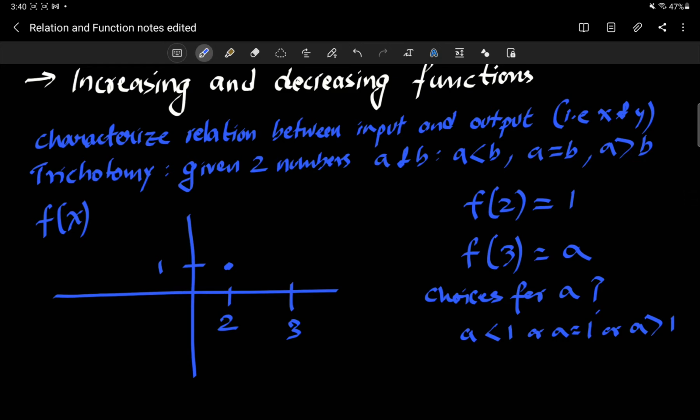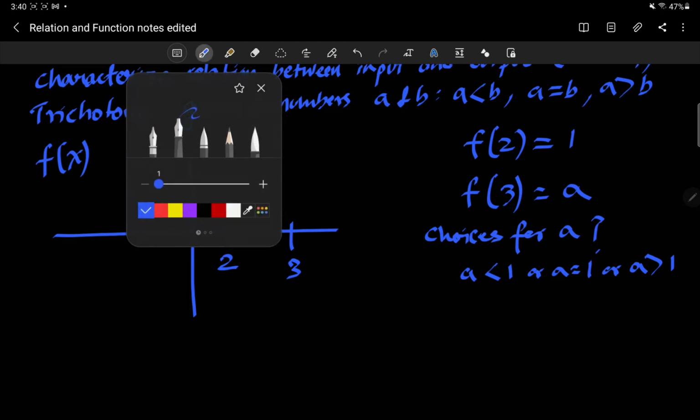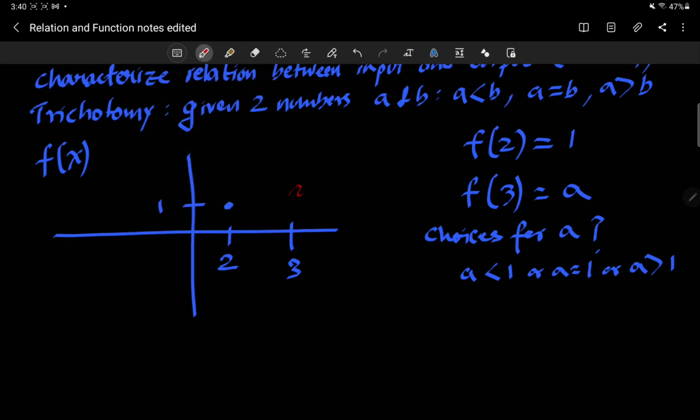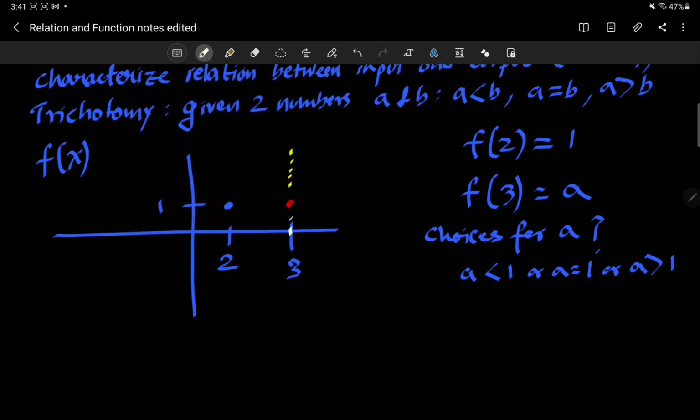It doesn't give me a lot of information about the function, but it does tell me the three cases: either I can have them equal, or I can have it somewhere here, or somewhere here.